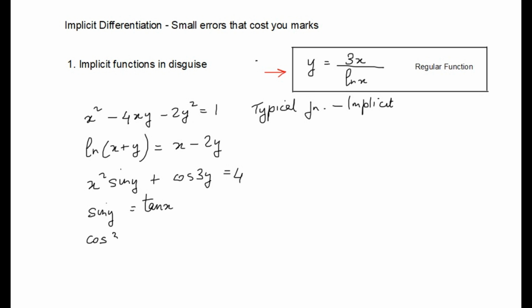Cos 3x plus 5 sine y is equal to 3, another implicit function. And finally, x squared log y, intermingled x and y's, plus 2x plus 5y is equal to 11. In all of these examples, the functions are implicit functions, but a little bit harder to spot because they don't look like our typical implicit functions. So this is what you need to keep an eye out for.